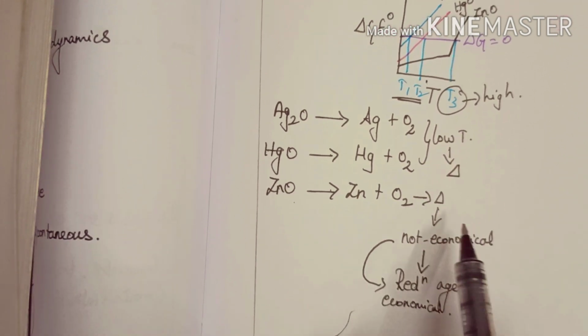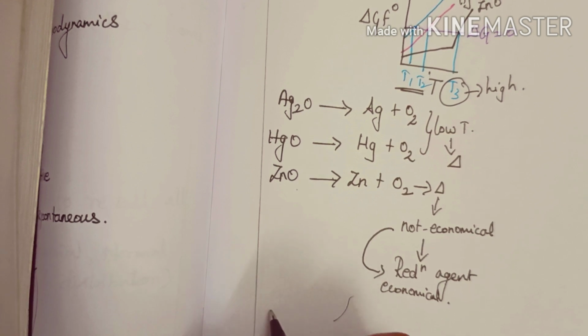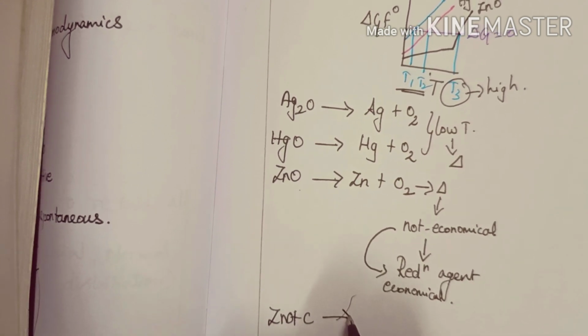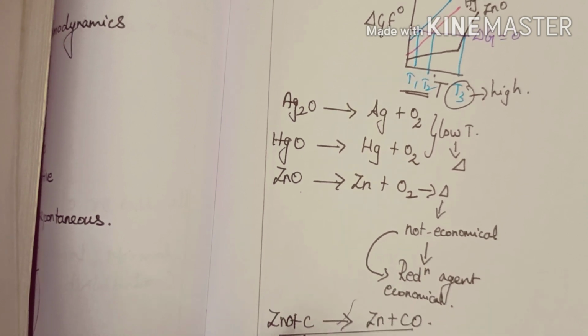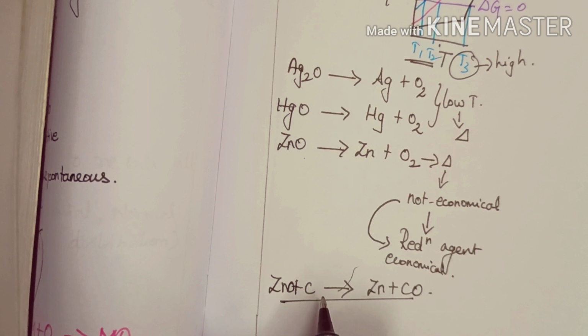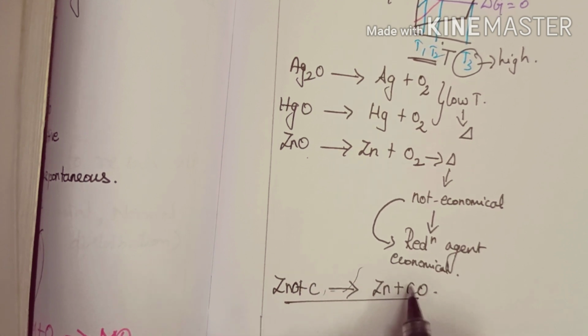If you heat and decompose, the process will not be economical. So to turn this process into an economical one, we are using a reducing agent. So if carbon is used as reducing agent, then this will be your reaction. ZnO plus coke, coke is nothing but carbon, it gives Zn plus CO.